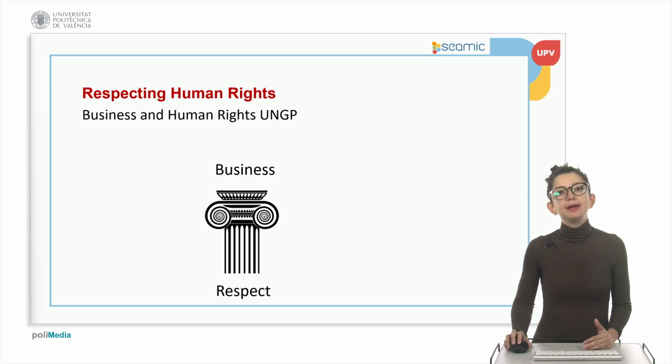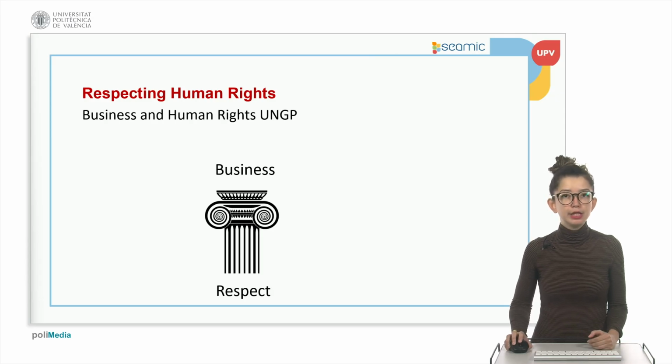Companies, on the other side, have the responsibility to comply with all applicable laws and respect human rights. To do so, companies have 5 founding principles from these human rights guidelines. First, they must respect human rights, that is, refrain from violating human rights and deal with the negative consequences.